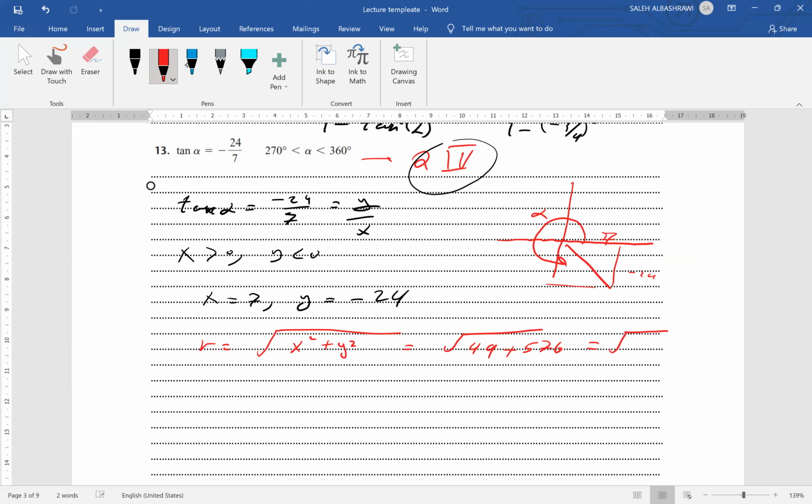Which is equal to square root of 625, which is equal to 25.